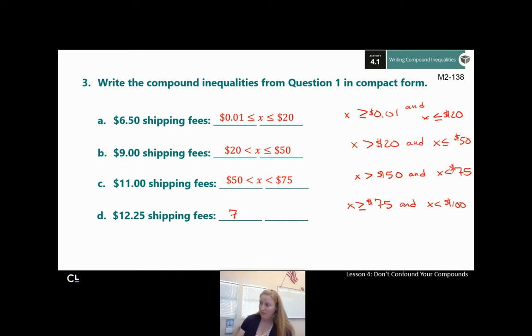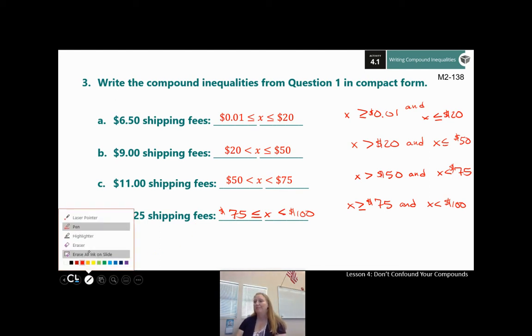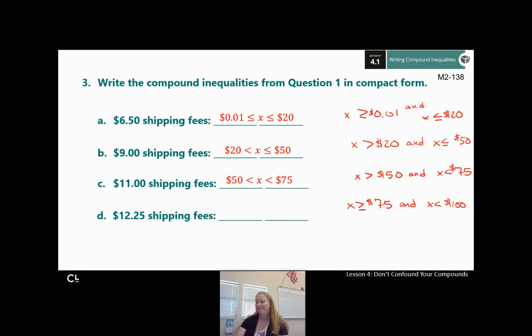So I go from $75 to $100. I'm going to put my X in the middle. We know that X is bigger than or equal to 75, and we know that X is less than 100. I'll give you the pretty version. This isn't very pretty. There, that's the pretty version. It's all typed and pretty, so nice.